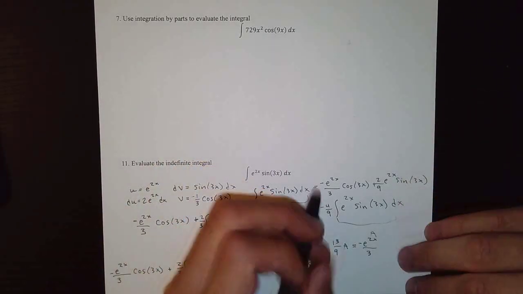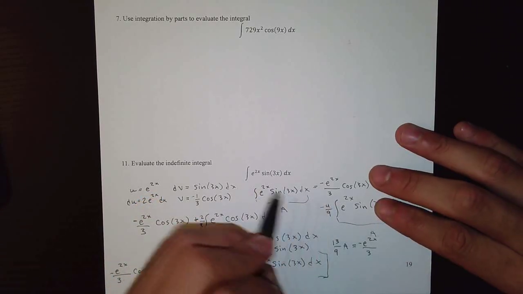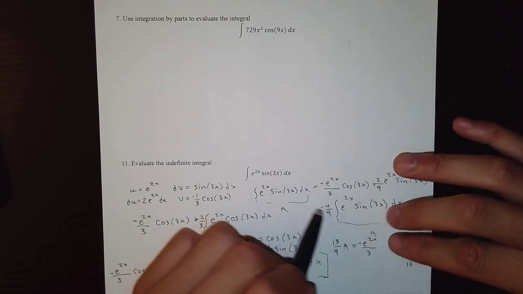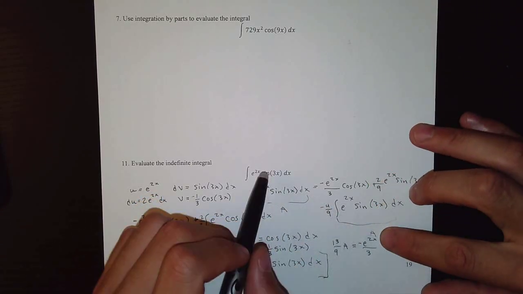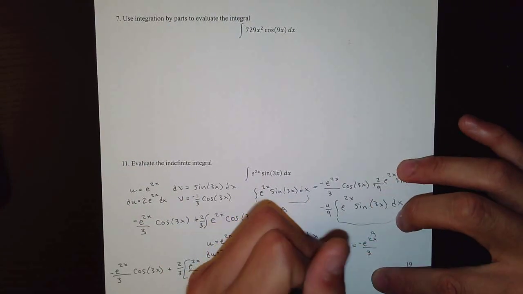And so when we start over here, we can rewrite this. After we add 4/9 of this quantity A to both sides, we have 13/9 of that quantity.